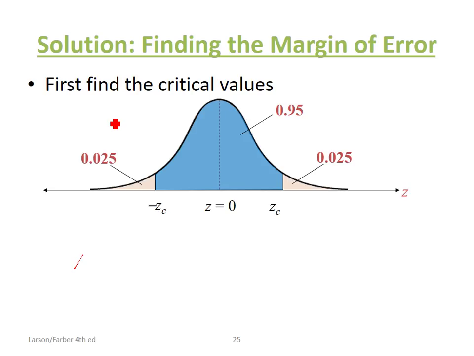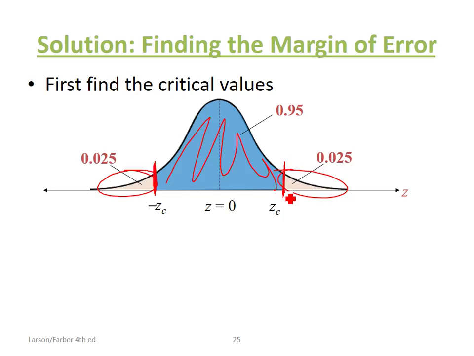So if we want 95% confidence, and that means this area out here and this area out here, we want to be 0.025, so 2.5% on each end. 100 minus 95 gives you 5, divide that by 2. That's your area on each end. That gives us 95% of the area in here. So we're saying we want to be from right here to right there. We want this many sentences to that many sentences.